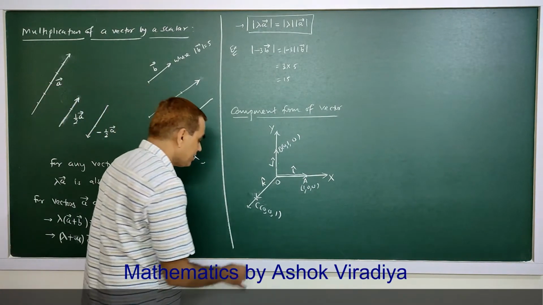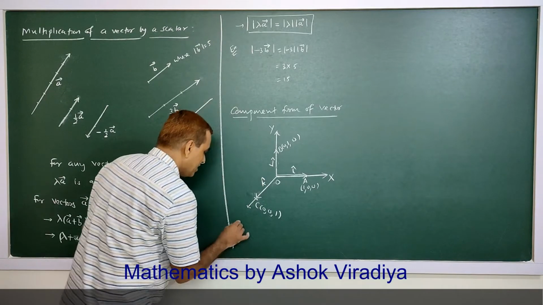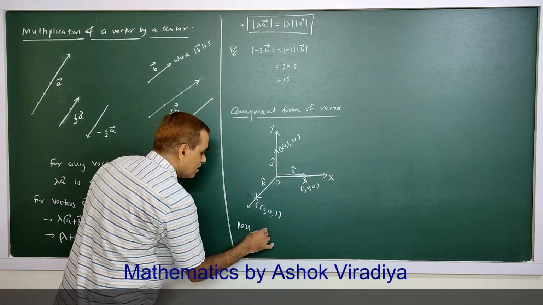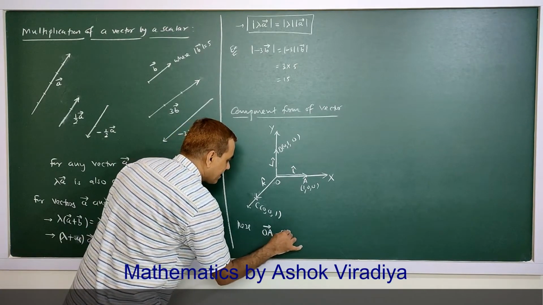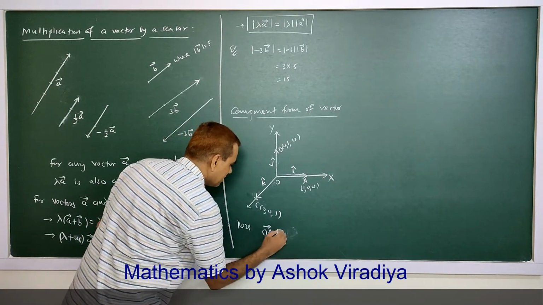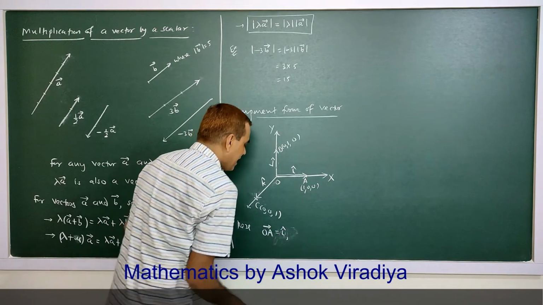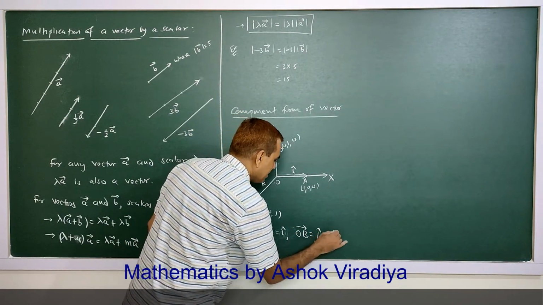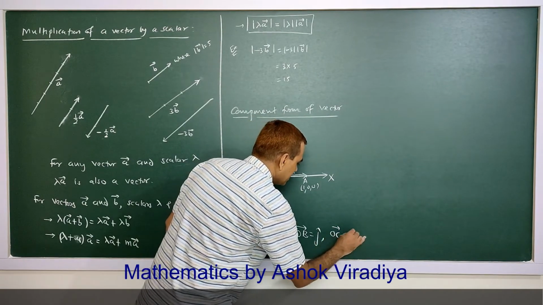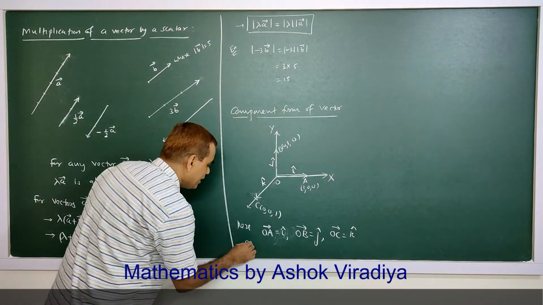So in this diagram, vector OA is i cap, vector OB is j cap, vector OC is k cap, and these are unit vectors.